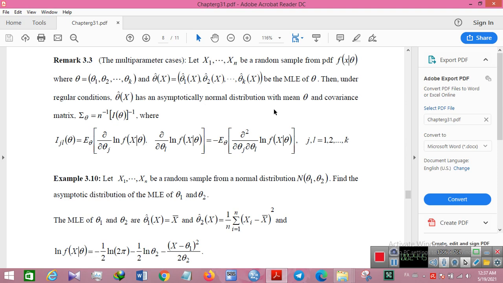And as we know, we can find tables of the values of the normal distribution, and it is very simple to use the normal distribution in finding confidence intervals or testing hypotheses.